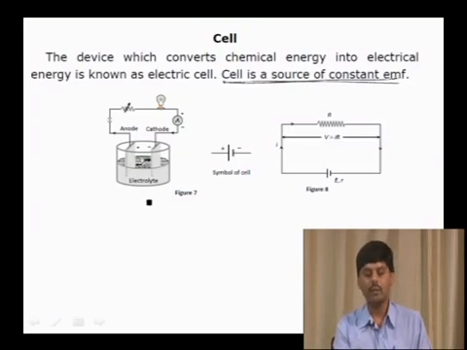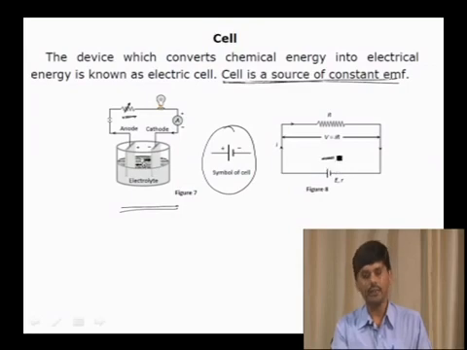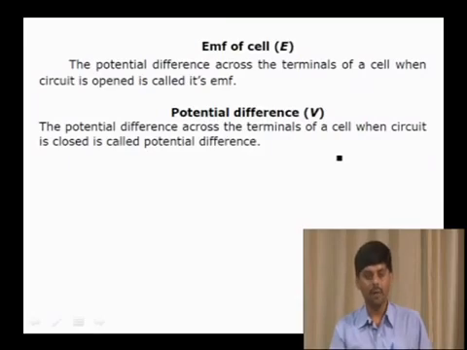Here is a picture of the symbol of the cell, which consists of electrodes. One is the positive electrode, the other is the negative electrode, connected to an external resistance R. This is the circuit symbol of the cell, and this is the diagram for the derivation. What is an EMF? It is the potential difference across the terminals of the cell when the circuit is open.